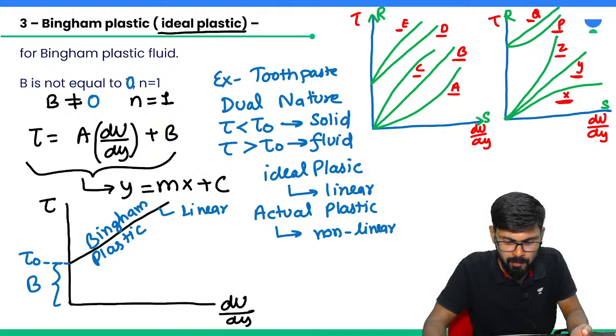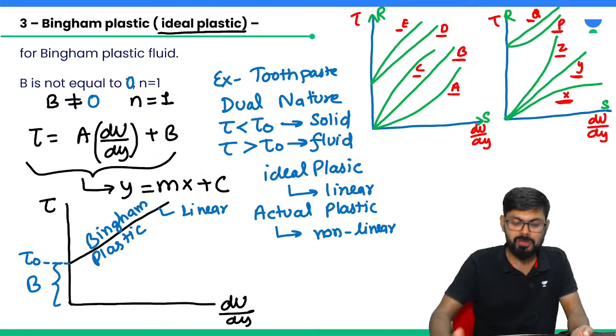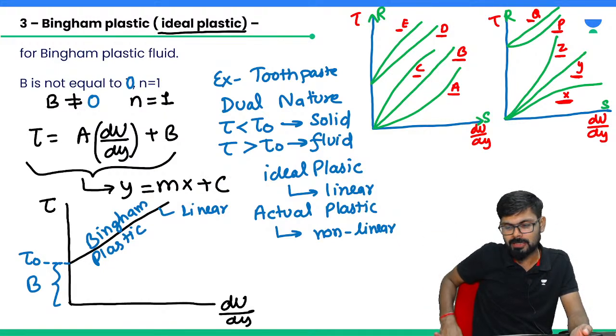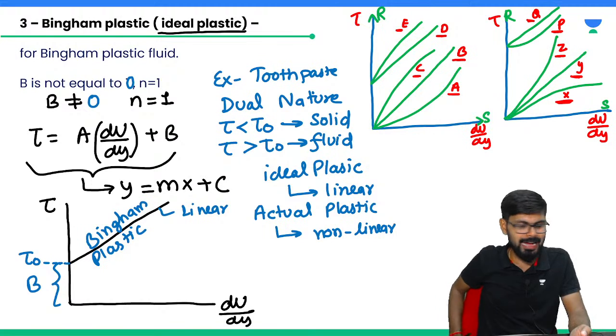Tell me, beta. What is R and S? Means what is this Y axis? What is this X axis? What type of fluids are they? Ideal solid. Which one is ideal solid? R or S?